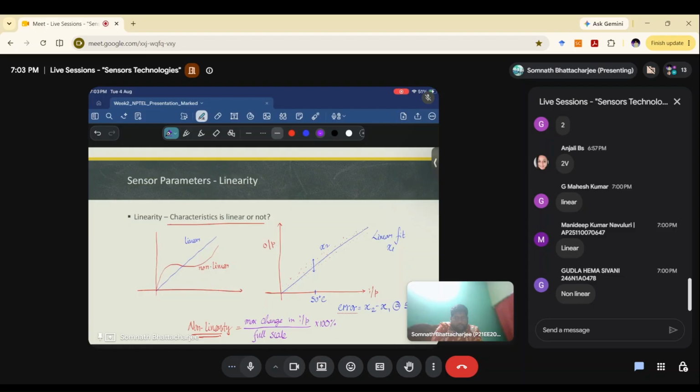Now, what is repeatability? Any idea? What is repeatability? Yeah.